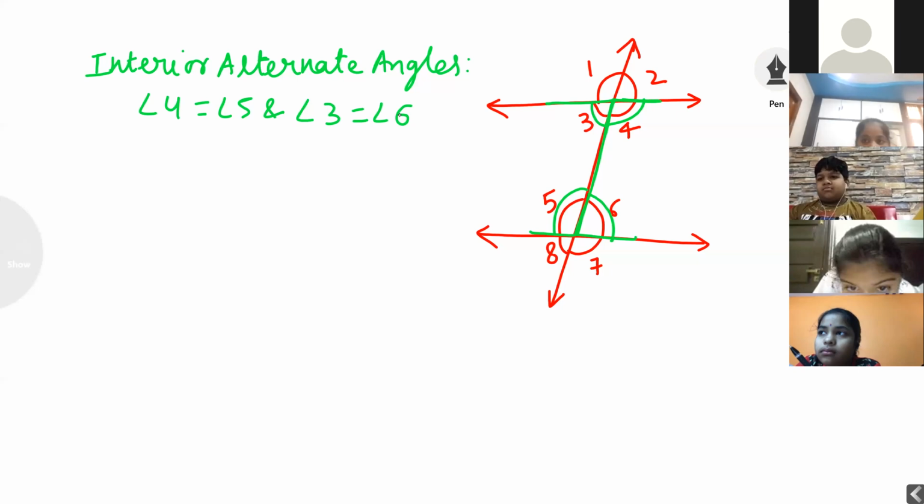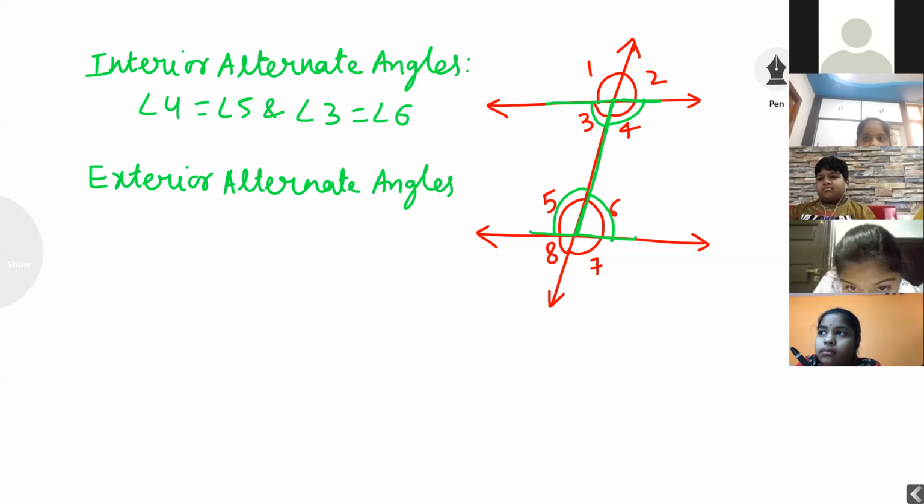If any figure is forming Z shape, that is called interior alternate angle. Next, I am talking about exterior alternate angle. Interior means inside. Exterior means I want to take outside. Alternate means one from left side, another from right side.